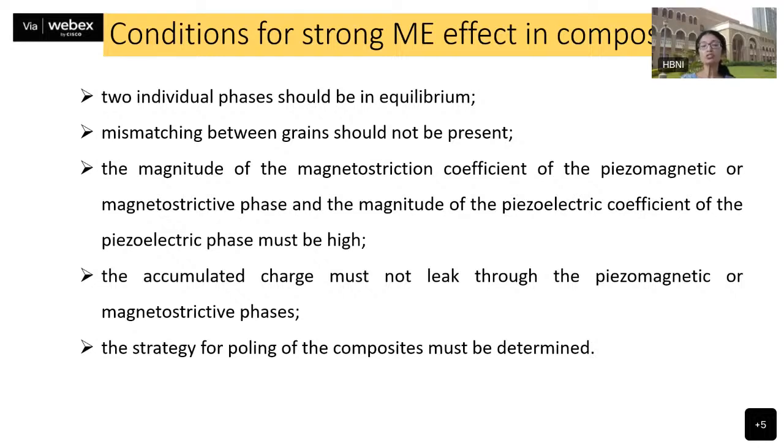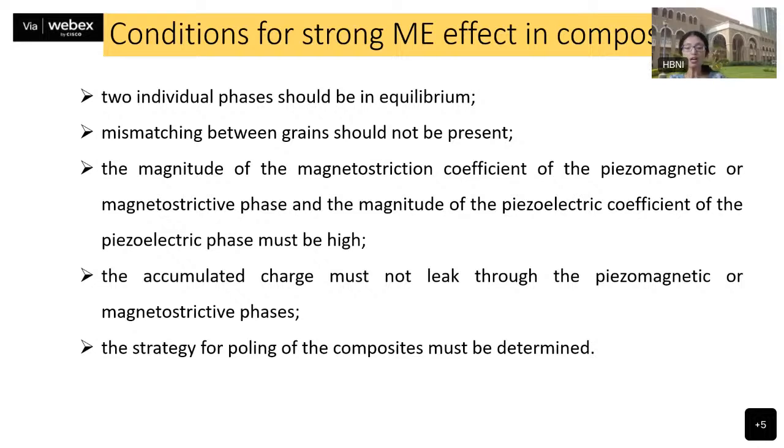The condition for a strong magnetoelectric effect in a composite is that the two individual phases should be in equilibrium. Mismatching between the grains should not be present. The magnitude of the magnetostriction coefficient of the piezomagnetic or magnetostrictive phase and the magnitude of the piezoelectric coefficient of the piezoelectric phase must be high.